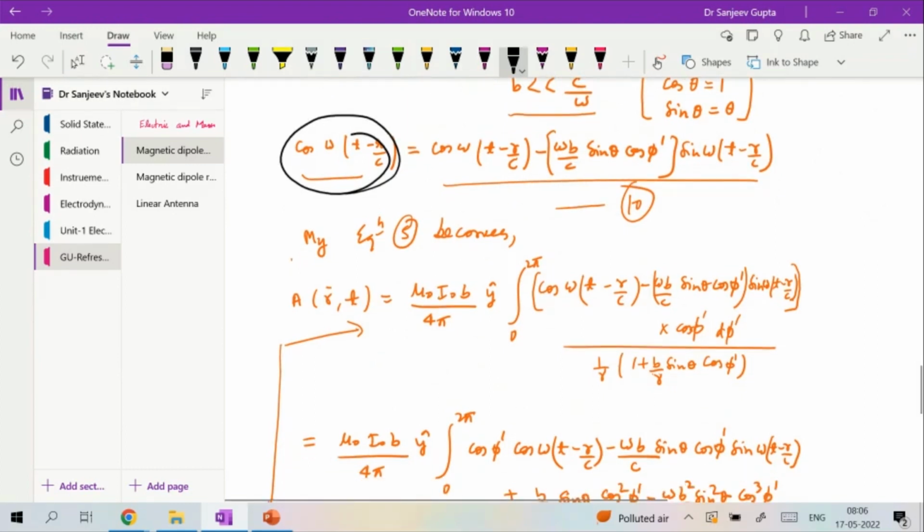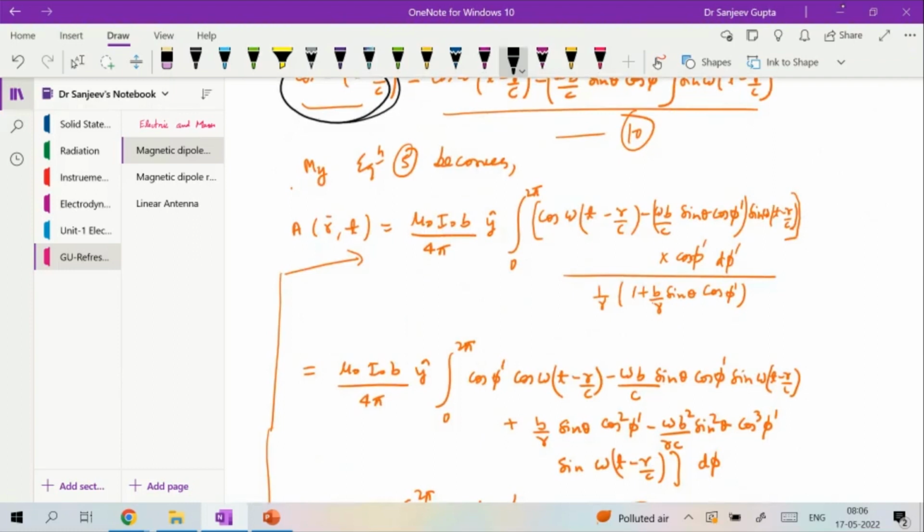So after putting this, you can see that the vector potential A(r,t) becomes mu 0 I 0 b upon 4 pi in the y direction, integrated from 0 to 2 pi, of cos omega t minus r by c minus omega b by c sin theta cos phi dash sin omega t minus r by c, and then you have cos phi and d phi, and of course you have the 1 by r component, and bracket 1 plus b by r sin theta cos phi dash.